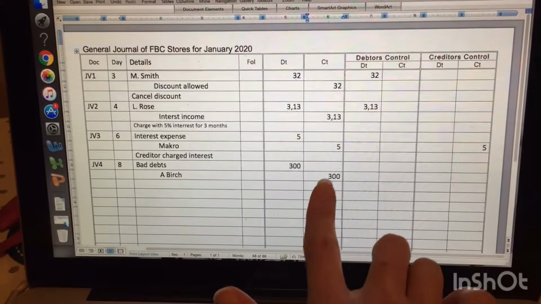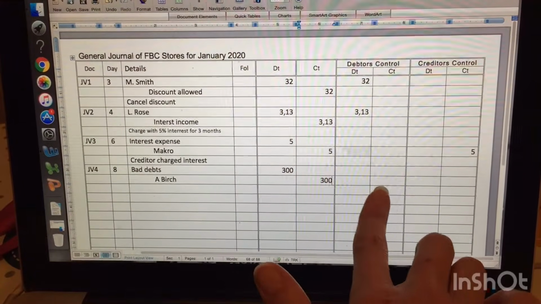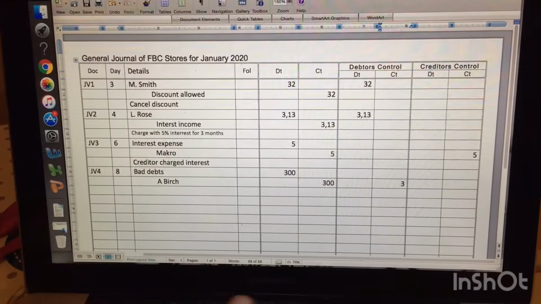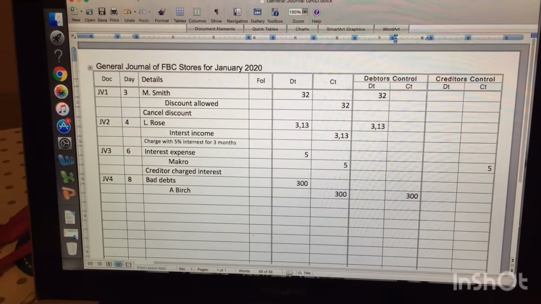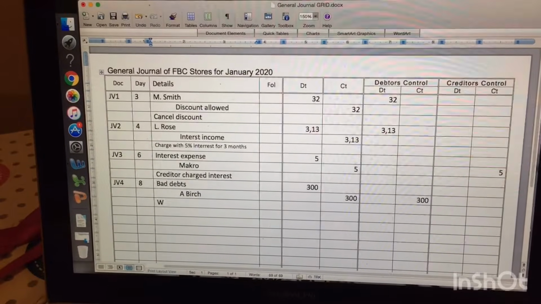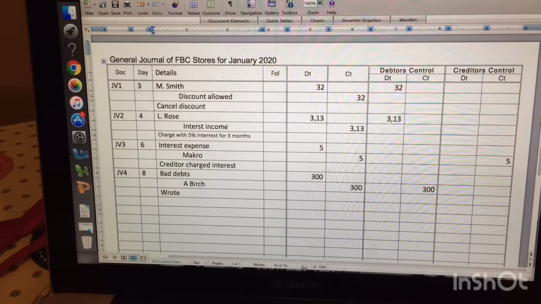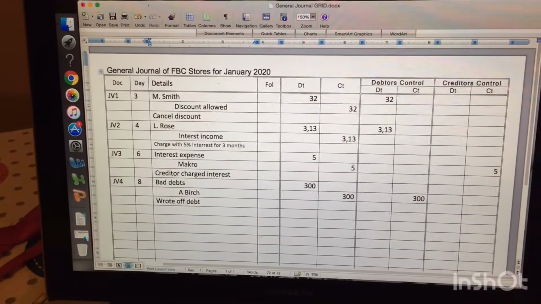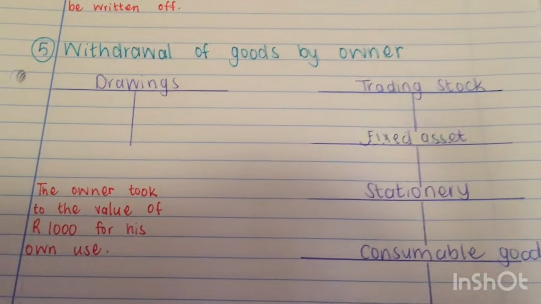He's a debtor. I wrote it in the credit column, therefore credit column over there as well. And then my narration, my little story, is just "wrote off" and the date. And that's it. Okay, we're almost done.